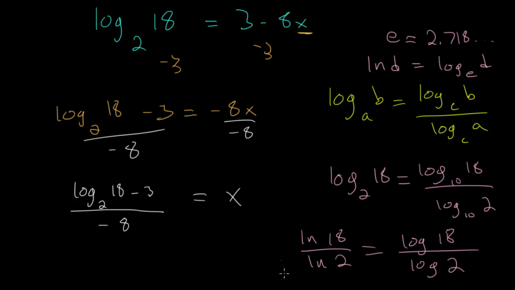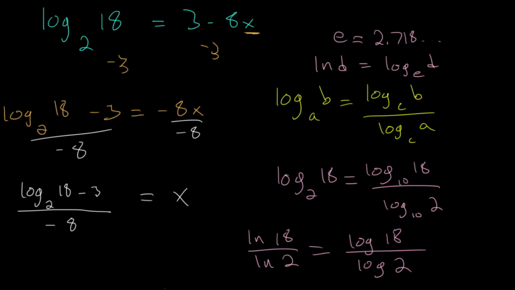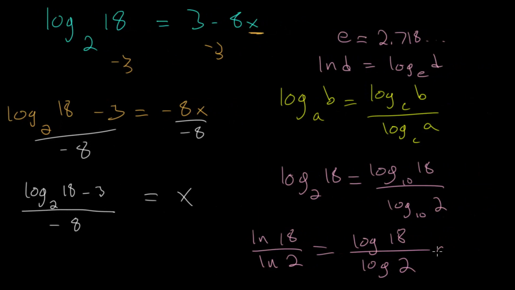And if we evaluate this on the calculator, we would get an irrational number. So we need to approximate. This would be approximately 4.16992 or 17 we could write. And if we plug that value in here, we will get an approximate answer.